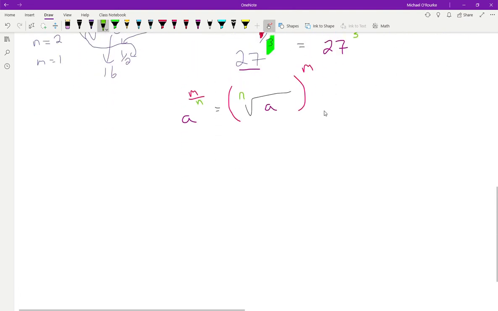I'm going to make one up down here for myself. So let's go this way this time. Let's make up one, let's do this one. 32 to the power of 1 over 5. Well, you want to write it as a root. Okay?